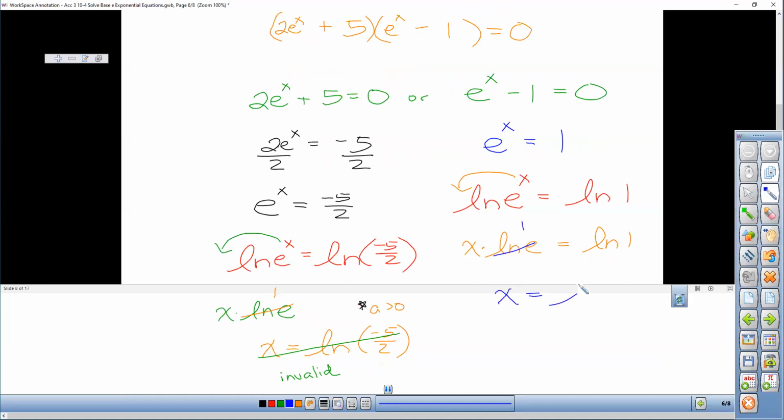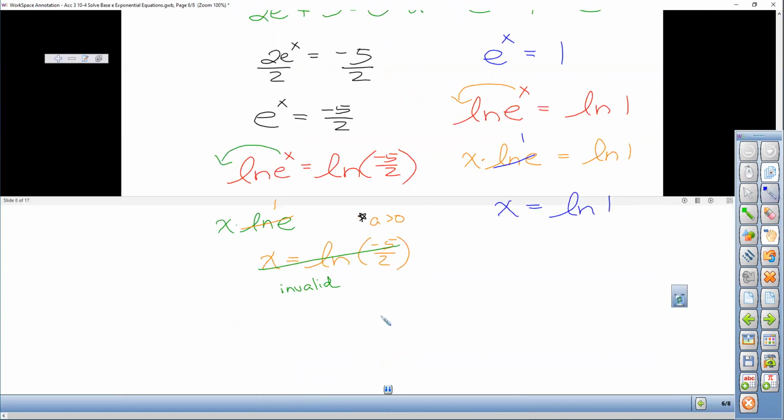And here's another spot where learning your properties of logarithms is important to getting this to its final simplified conclusion. So when we do our exact solution, it should be in simplest form. And when you see something like a logarithm of any base of 1, that should jump out at you. When your argument is equal to 1, your exponent has to be 0, and your logarithm represents that exponent.